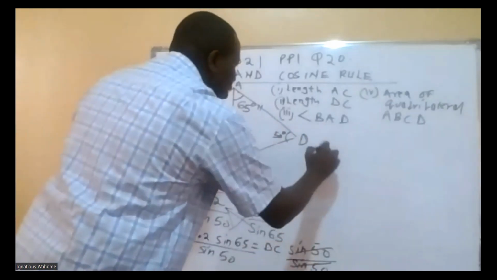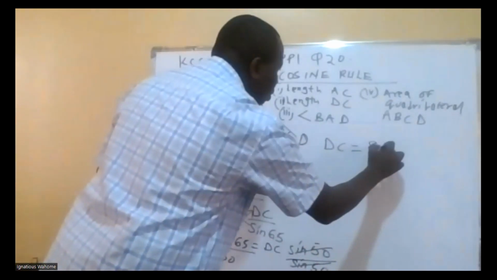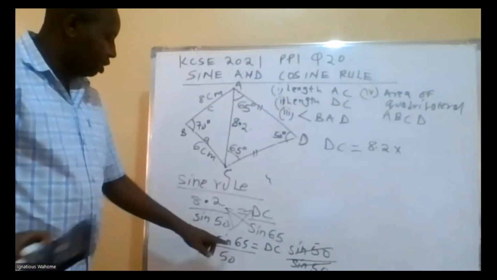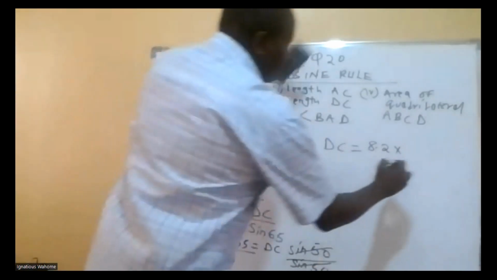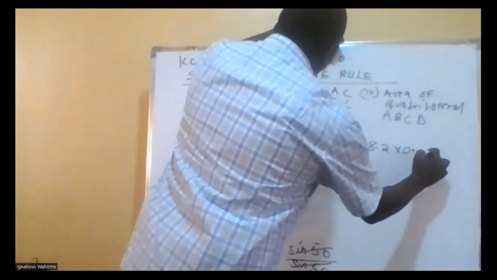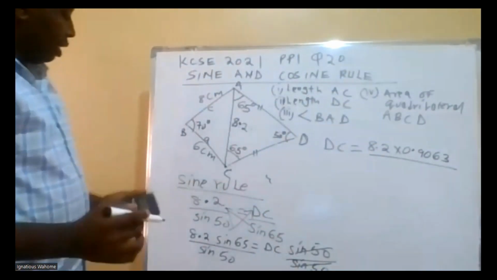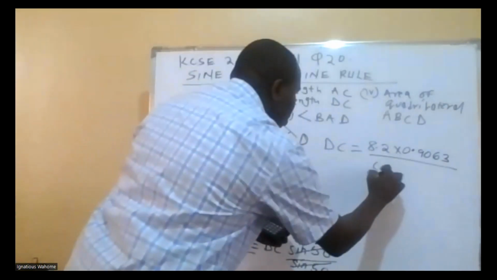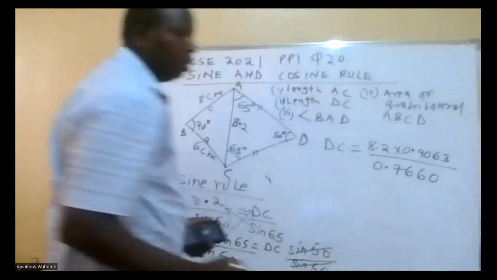So your DC will be equal to 8.2 times sine of 65, all over sine of 50. Sine 65 is 0.9063, and sine 50 comes to 0.7660.